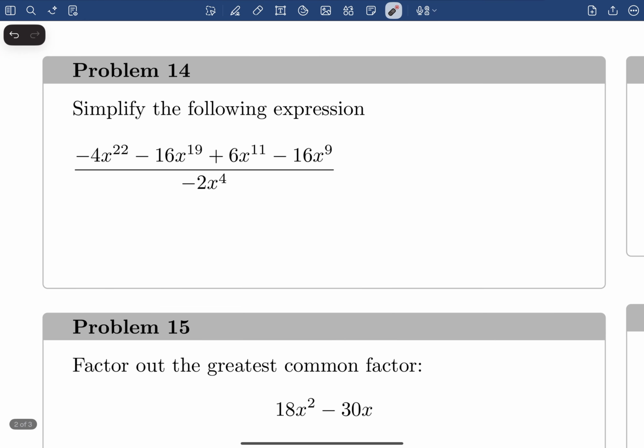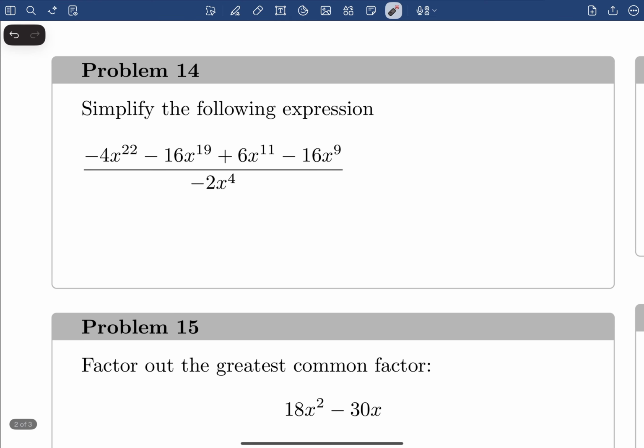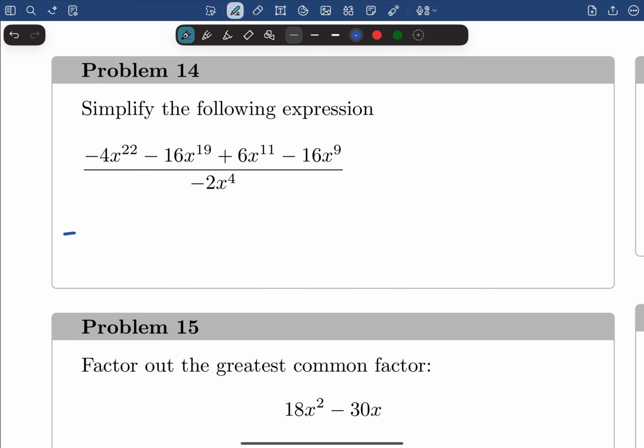So here's problem 14, simplify the following expression. And here I have 1, 2, 3, 4 terms divided by a monomial. This is a quadrinomial divided by a monomial, and we're going to take the same approach here. We're going to take the first term and divide out the monomial. Then there's a minus sign, so minus.